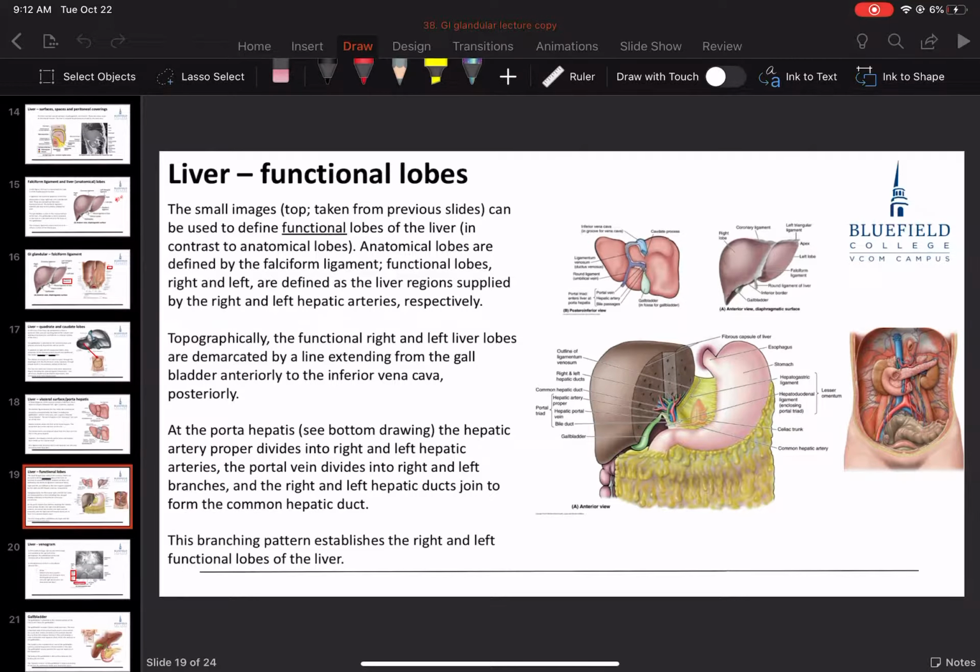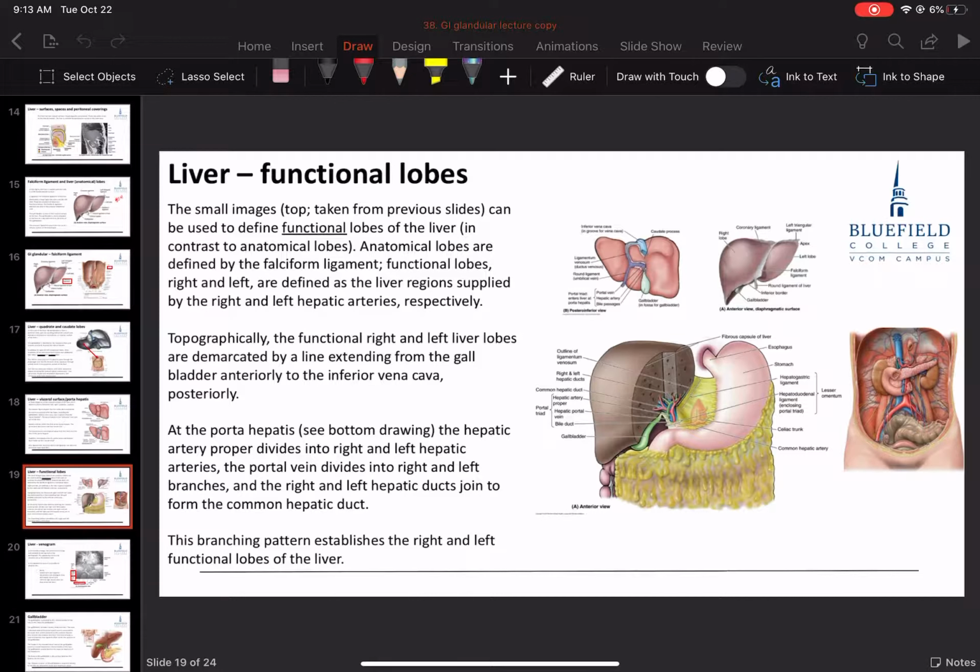And those lobes are defined not by the placement of the falciform ligament, but by the portions of the liver that are supplied by right and left hepatic arteries. Okay? They are just right and left functional lobes.